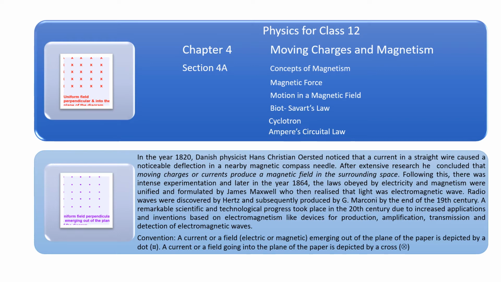Following this, there was intense experimentation, and later in the year 1864, the laws obeyed by electricity and magnetism were unified and formulated by James Maxwell, who then realized that light was an electromagnetic wave.